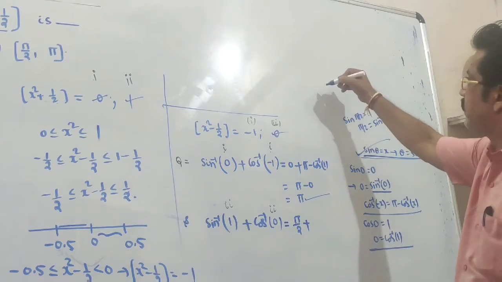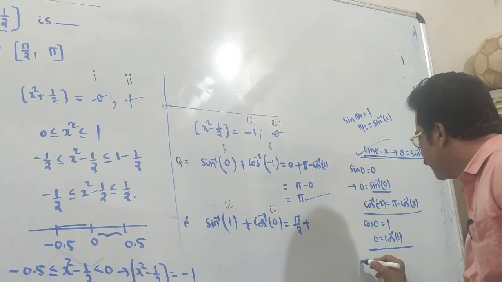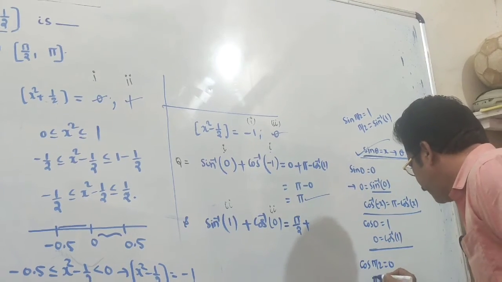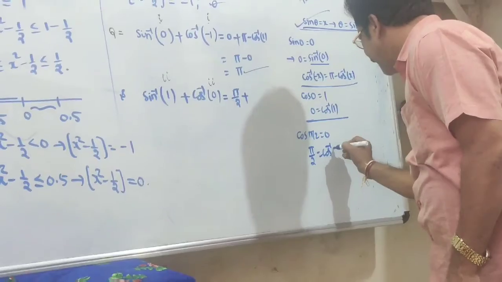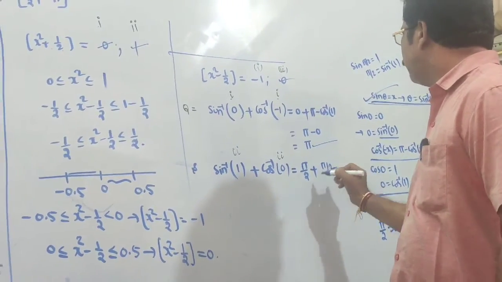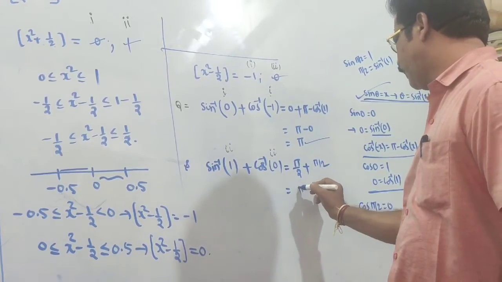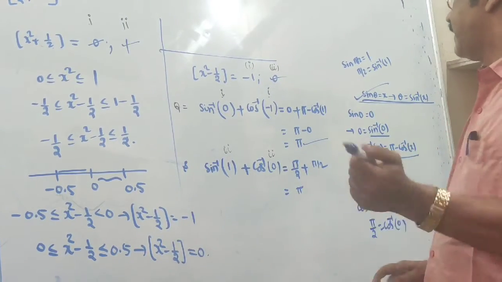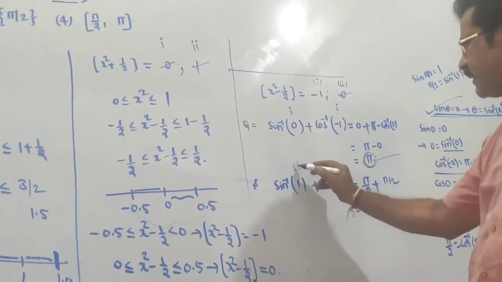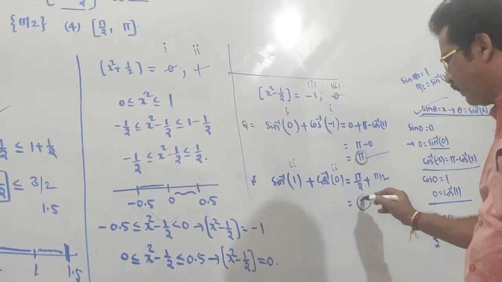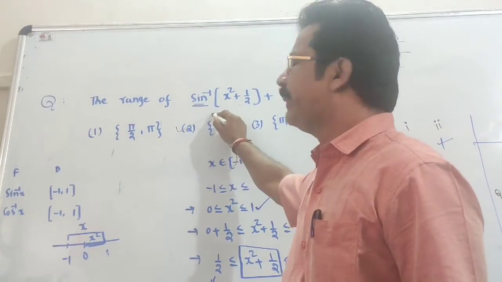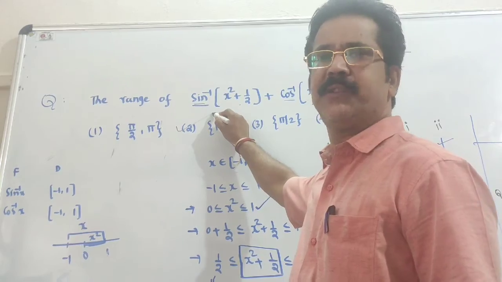Plus, cos 90 degrees equals 0, so pi by 2 equals cos inverse of 0. So pi by 2 plus pi by 2 is pi. Hence in the first case the output is pi, and in the second case the output is also pi. Hence the answer is the singleton set containing pi. The second option is right.